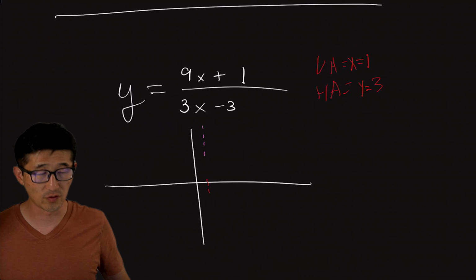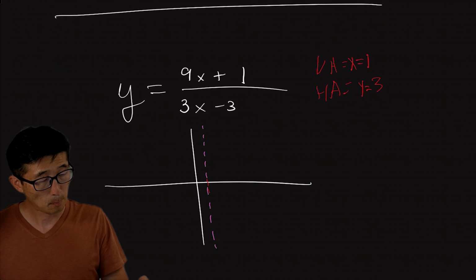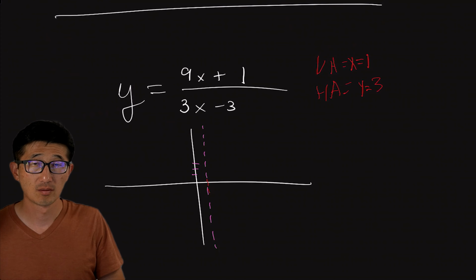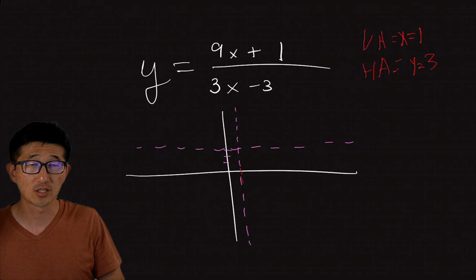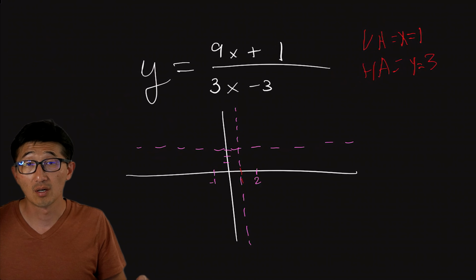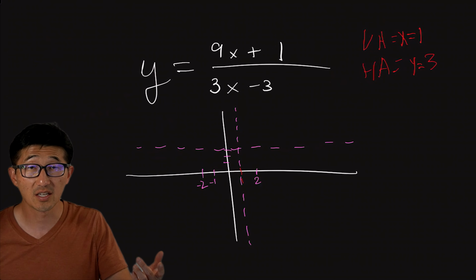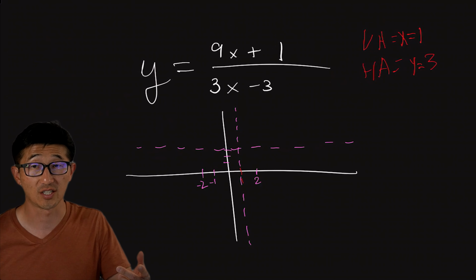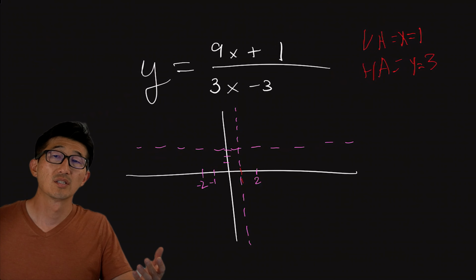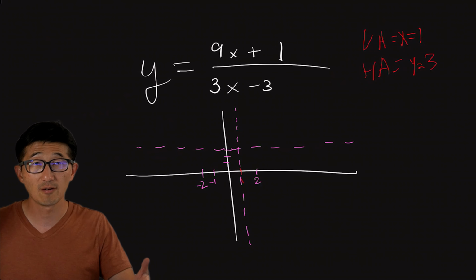Yes, very good. Nice, beautiful asymptotes there. Good. Now plot some points. By the way, an easy point to find is your y-intercept. How do you find your y-intercept? X equals 0, right?